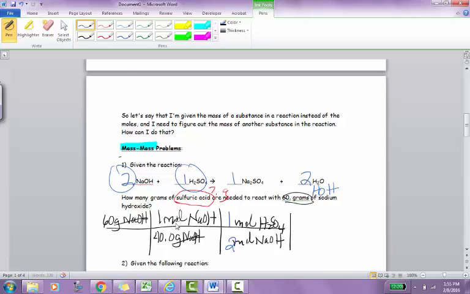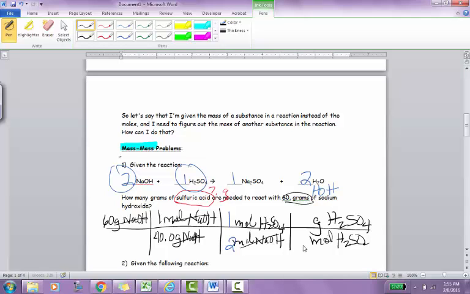At this point, moles of sodium hydroxide cancel out, but that leaves me with moles of sulfuric acid, which is not what I'm looking for. I'm looking for sulfuric acid, but I'm looking for grams, not moles. So we got to get rid of moles of H2SO4. That'll go in the denominator in favor of grams of sulfuric acid. Grams H2SO4.